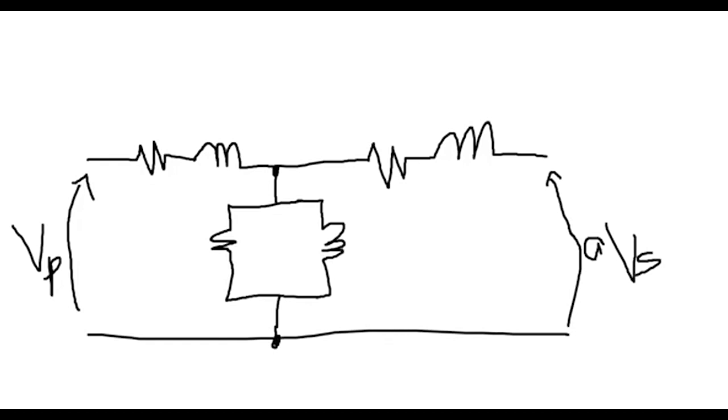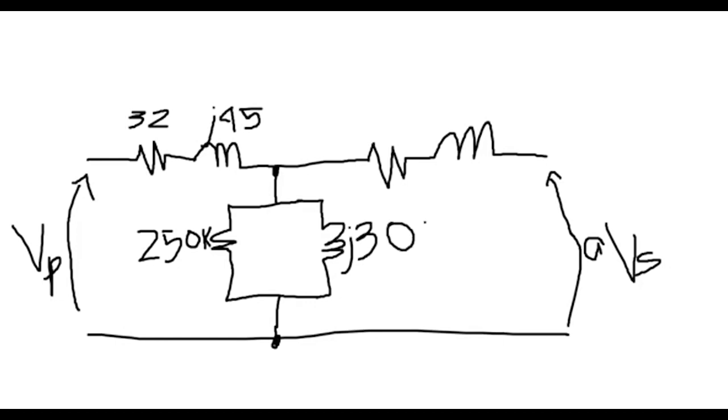The primary resistance is 32 ohms, and the reactance is j45 ohms. Next, the core: 250 kilo ohms for the resistance, and for the reactance, we have 30 kilo ohms.